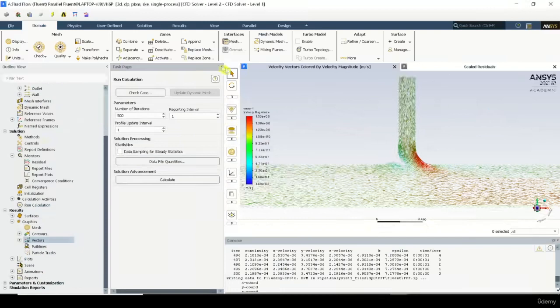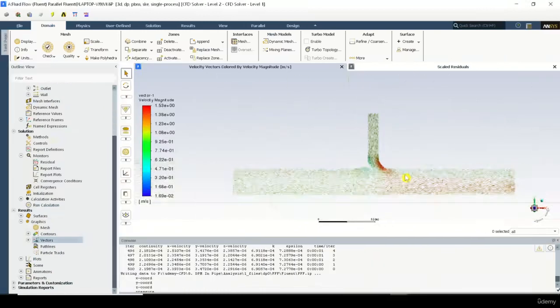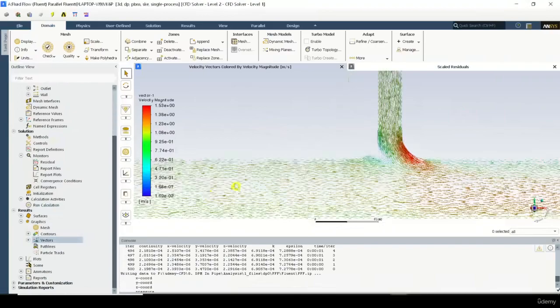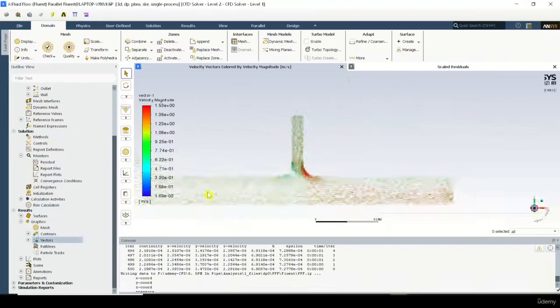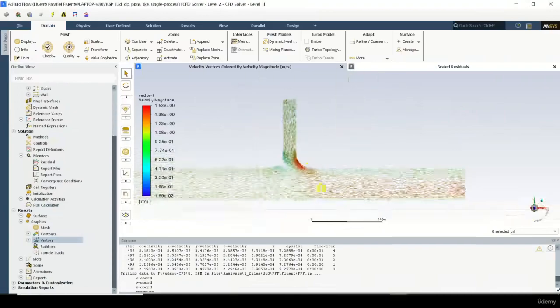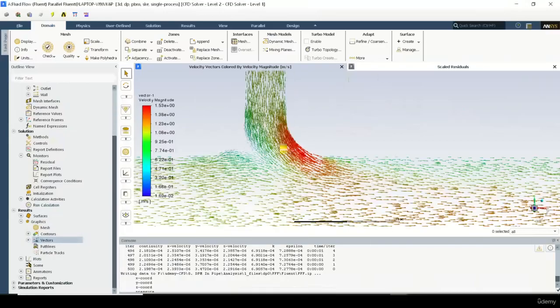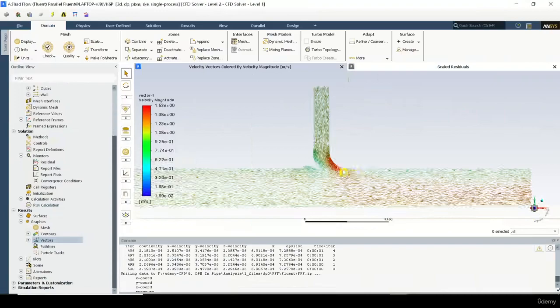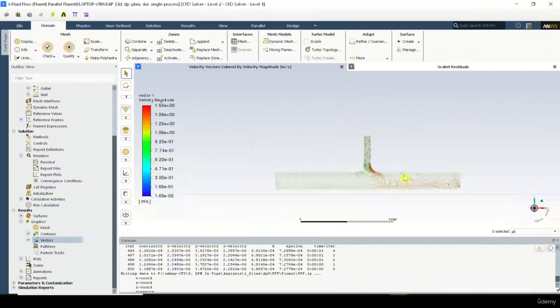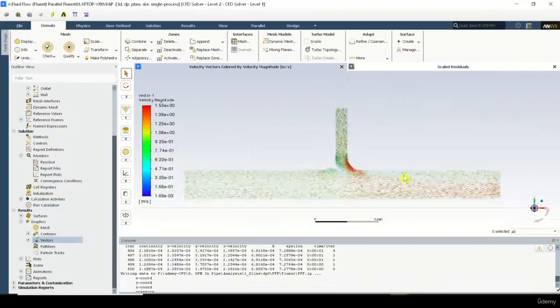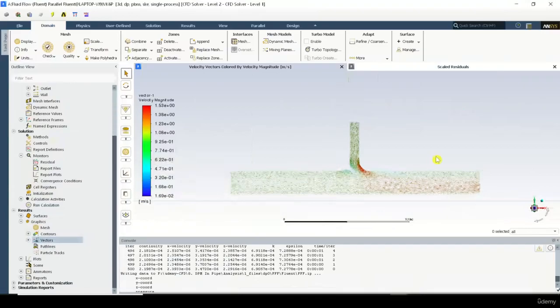So you can see that the propane gas is moving from the left to the right, and also entering from the top, mixing with the bottom one, and it just moves on. You can see it is turning over here and just going on. Clear? So at this moment, I believe you have understood the simulation for two inlets and one outlet.